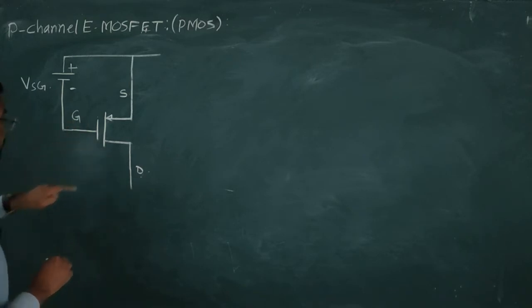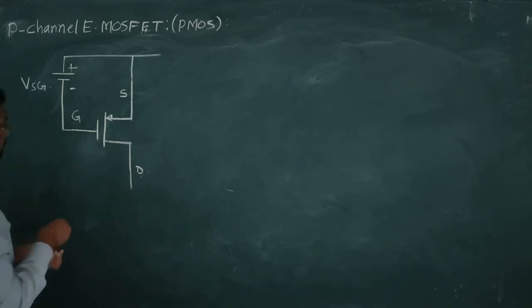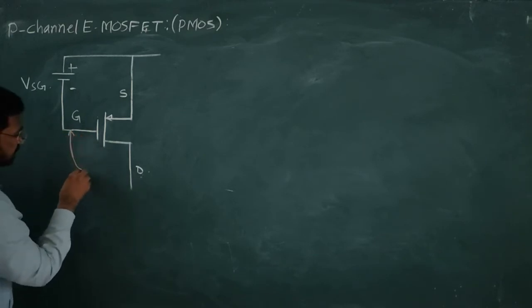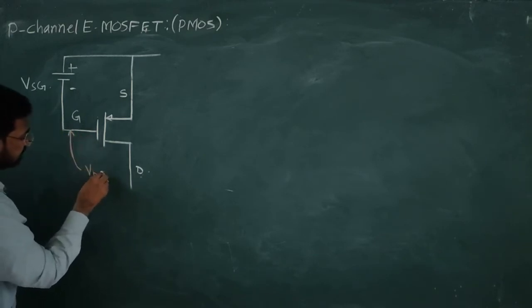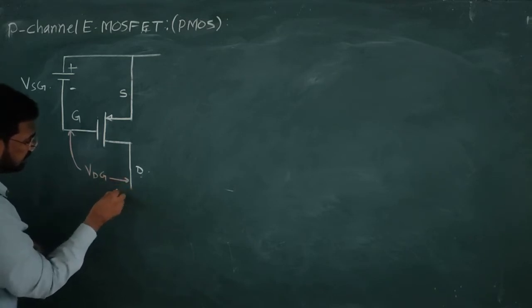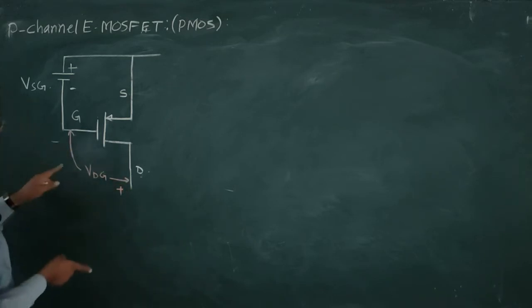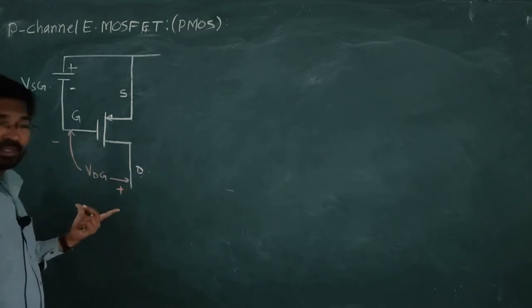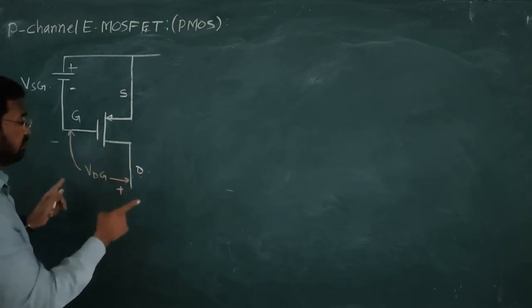Because of this it is used. And this voltage is VDG, and it is considered plus here and minus here. Okay, we require these voltages for developing the biasing condition for the devices.